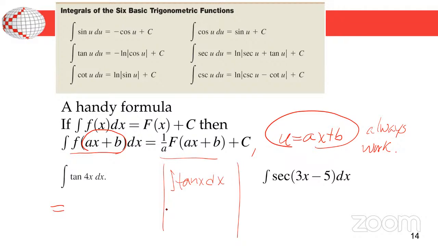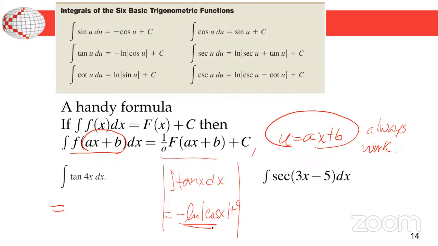The integral of this one is negative log of cosine x plus c. You can put those harder-to-remember formulas on your cheat sheet, but you know this fact.